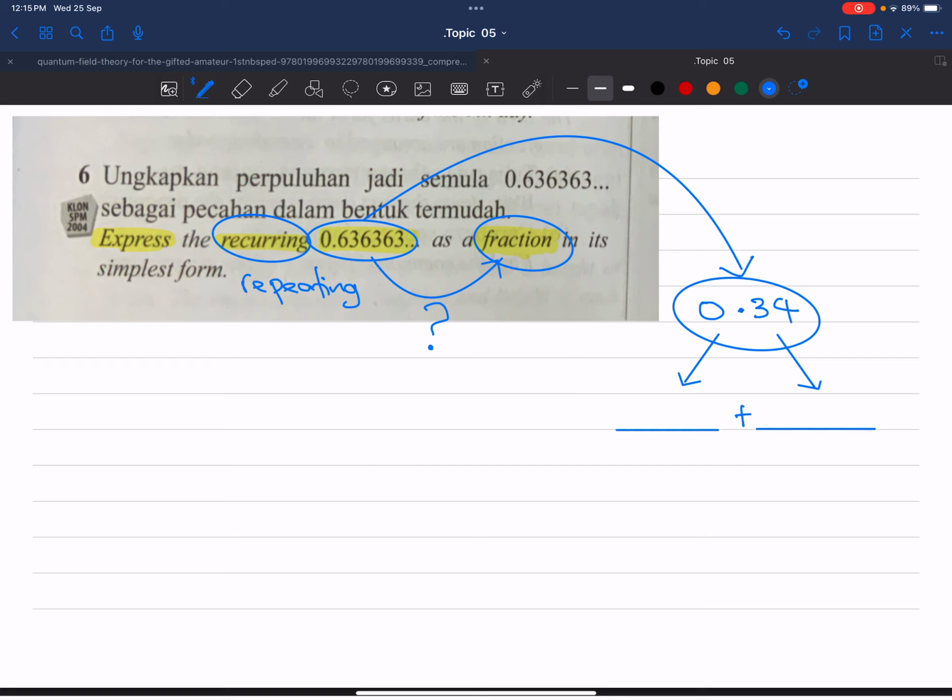The first one is 0.3, and the second one would be 0.04, whereby to write the 4, the 3 I have replaced with 0. So if I add 0.3 and 0.04, I would get back 0.34.